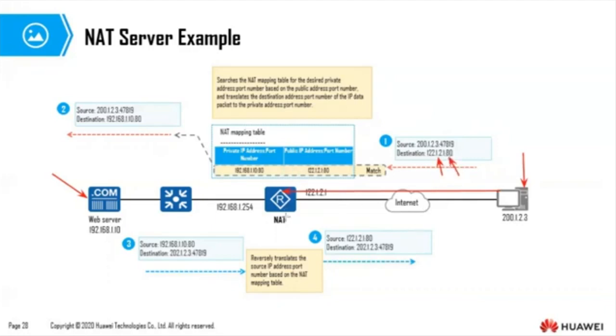So when our egress device receives that particular packet, it's going to look at its NAT mapping table and see that if you've come in with that, we are going to translate you to this 192.168.1.10, then port 80. Then it's going to send it to the internal network, and finally it's going to land to this person.